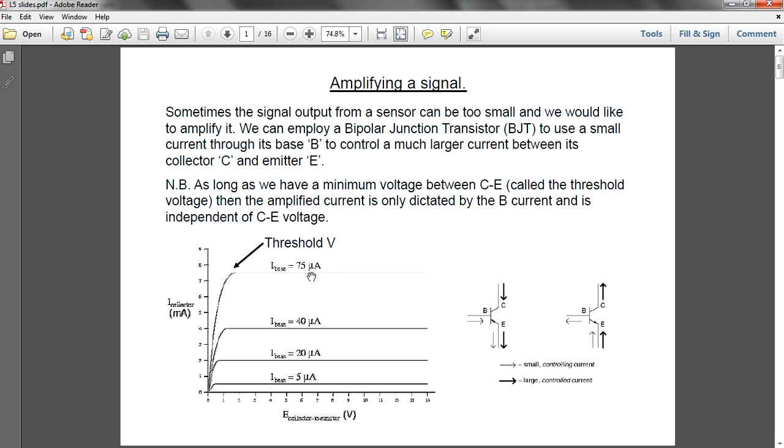I don't know the exact value, but it's certainly smaller than a milliampere, I think around 10 to the minus 6.